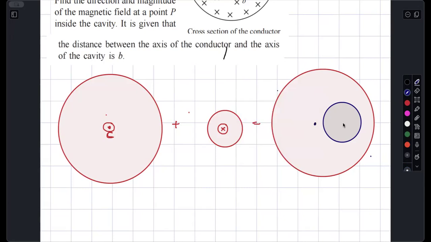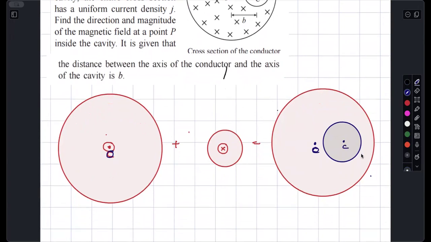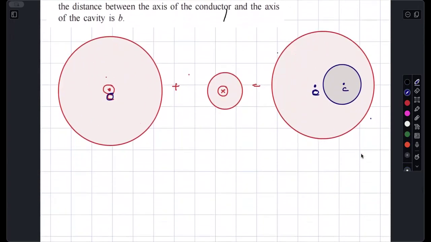Actually, this is what is given to you. Or actually they have given this as O. This is a C. Now I'll go with the usual formula at any point inside.